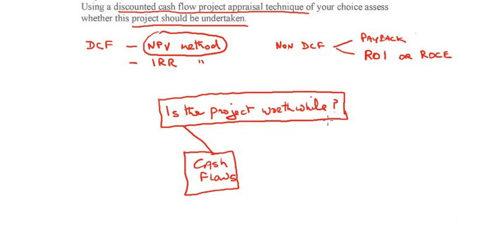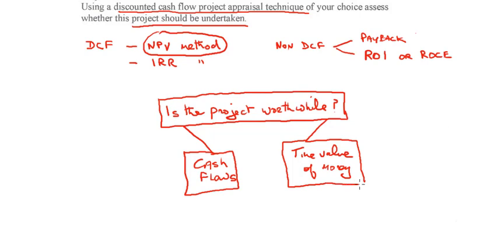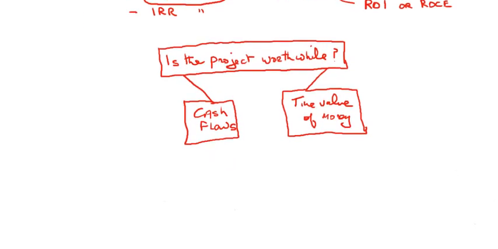And the other decision input, because it's a long-term project, is something called the time value of money. I'll discuss these two factors in a minute. We know how we deal with the time value of money: we discount future cash flows, but we'll see why in a moment. So these are our two decision inputs into our analysis of whether we should go ahead with the project.